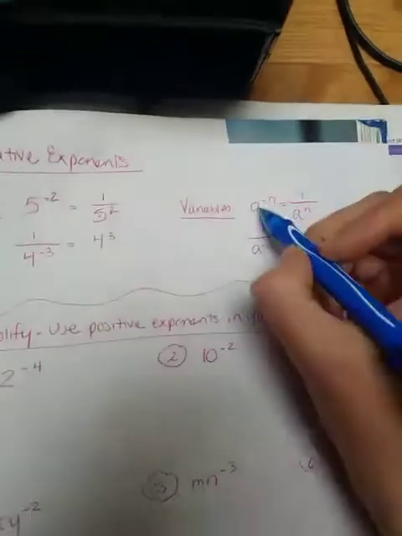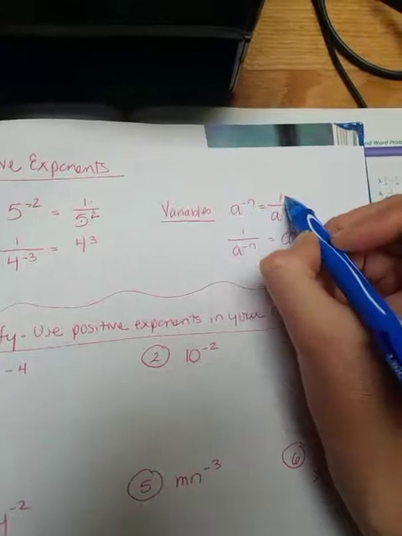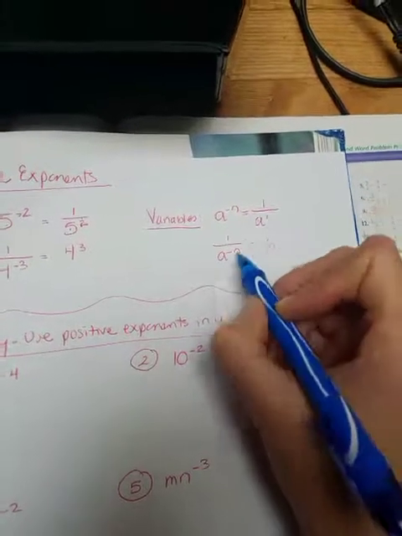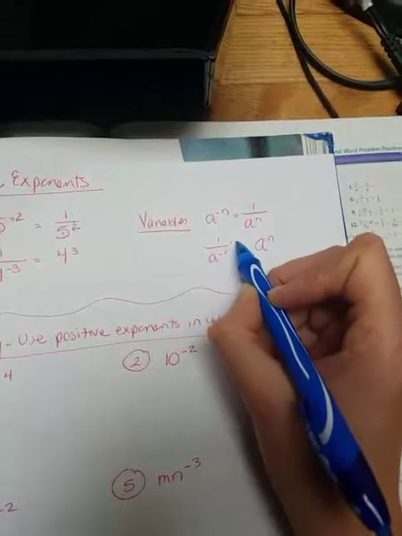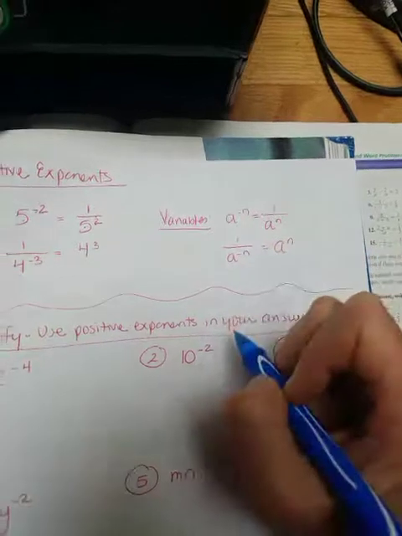With variables, if we had a to the negative n, I rewrite that as 1 over a to the n. 1 over a to the negative n, I bring that up to the numerator, it becomes a to the positive n power.